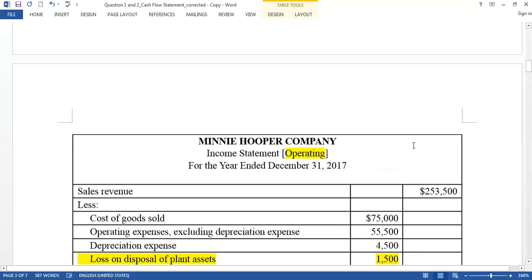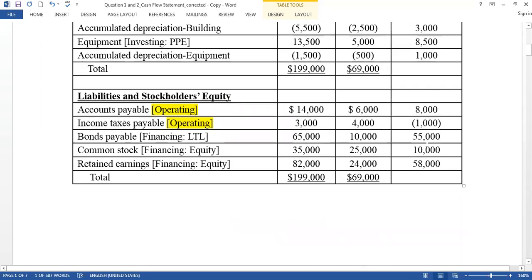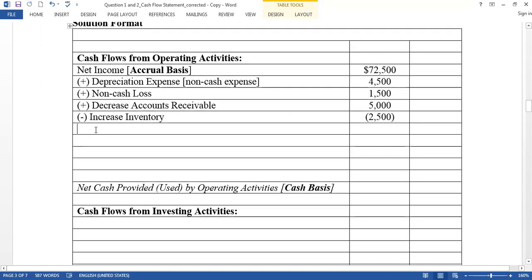Then we find that we have another one, prepaid expense, related to the operating activities, and it is also increased. Again, prepaid increase means you paid cash in advance, so minus.